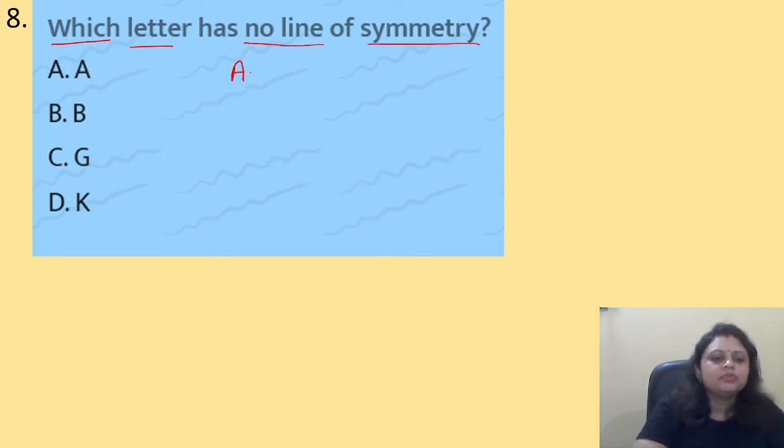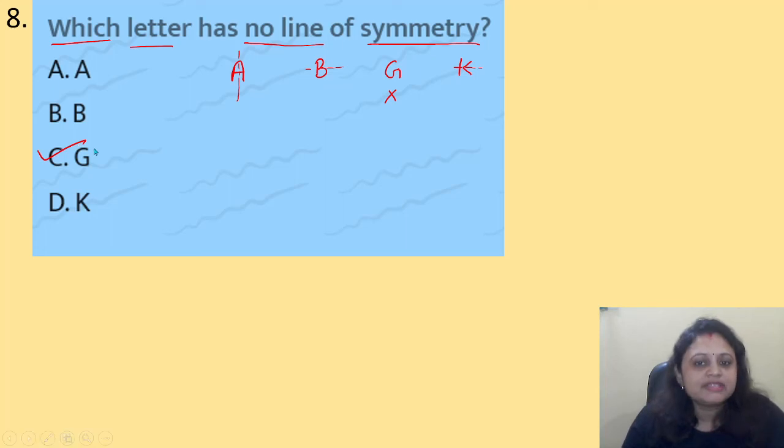Okay, so we can draw a line of symmetry here. Then B is there, we can draw a line of symmetry. For G, we cannot draw any line of symmetry. For K, we can draw a line of symmetry. So which letter has no line of symmetry? It is G, and it is present in option C. Okay, so the correct answer is option C, that is G.